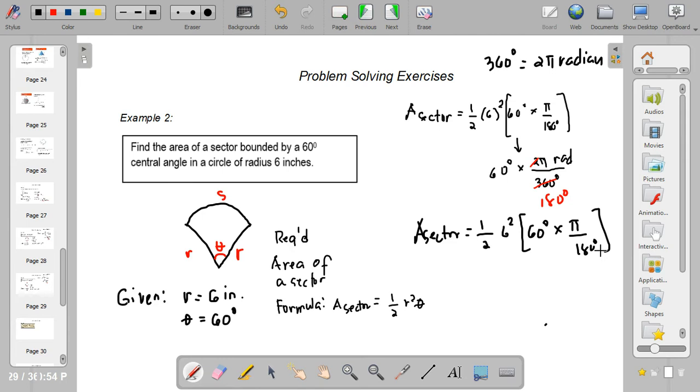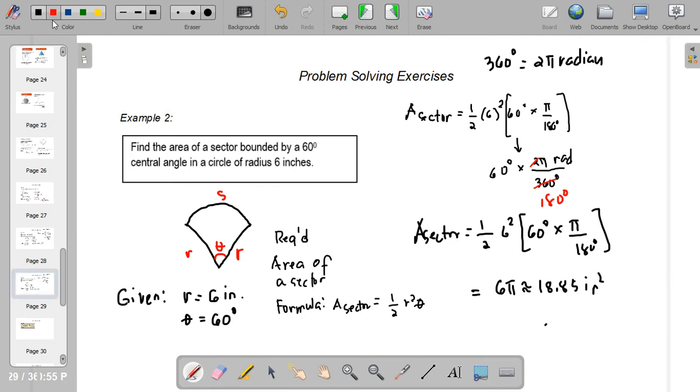So, we can simply delete the term radian and just write pi over 180 degrees. So area of a sector now is equal to 6 pi. Okay, so this will be equal to 6 pi or equal to 18.85 inches squared. So this is your answer for number 2.